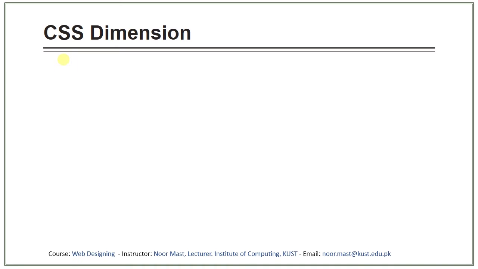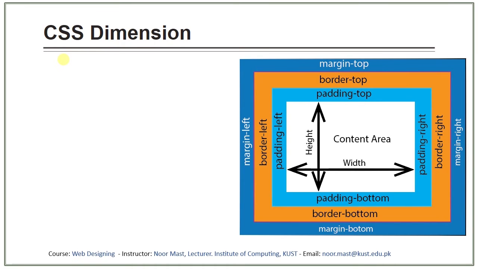Now to study the CSS box model properties in more detail, look at this figure. The given figure illustrates the different parts of the CSS box model. So let's start by studying first the CSS Dimension properties.